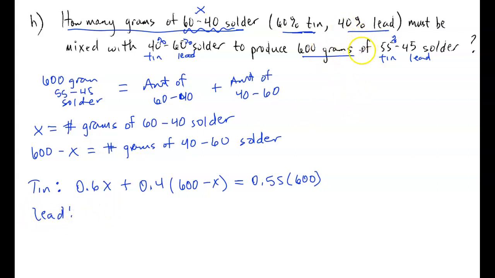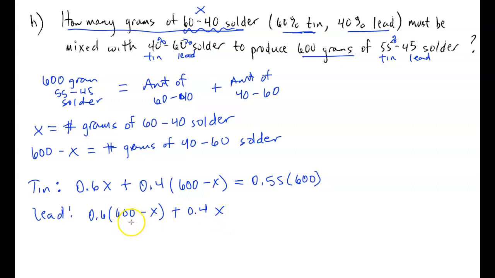If I look at it from this perspective, I have 60% of the amount of the 60-40 solder plus 40% of the amount of the 40-60 solder.